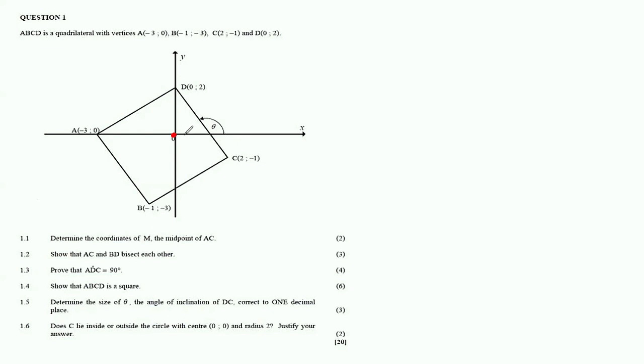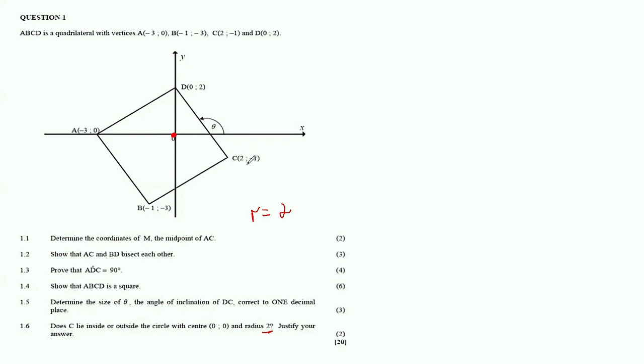They're saying the radius is equal to 2. If we calculate the distance from O to C and find that it is less than 2, then point C lies inside the circle.